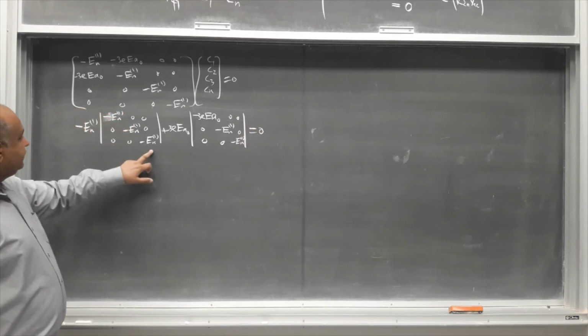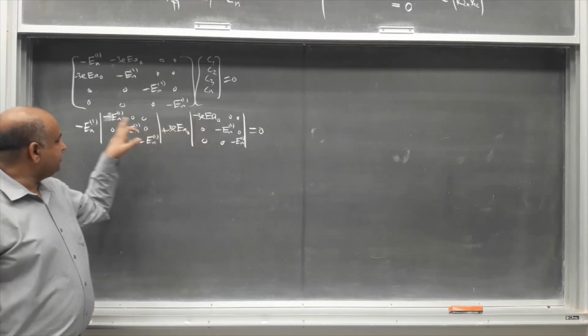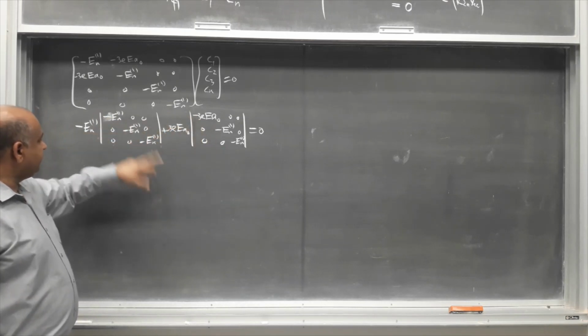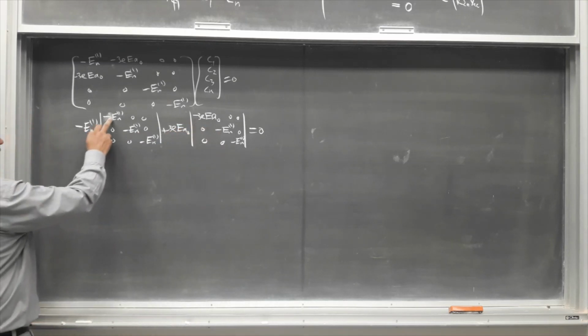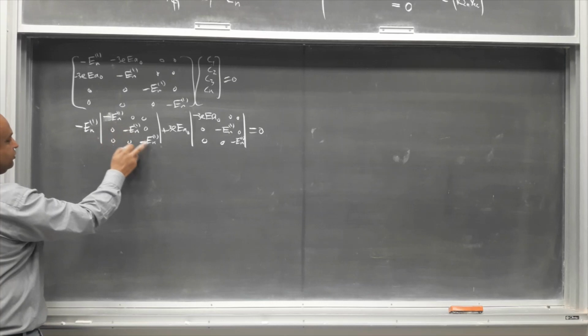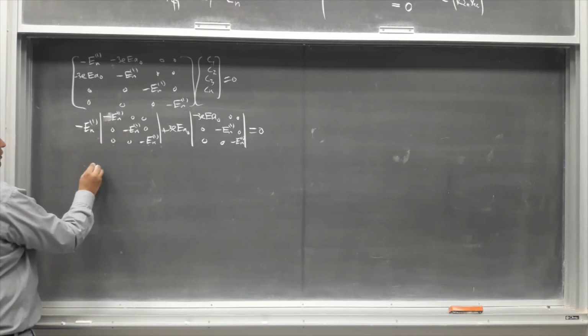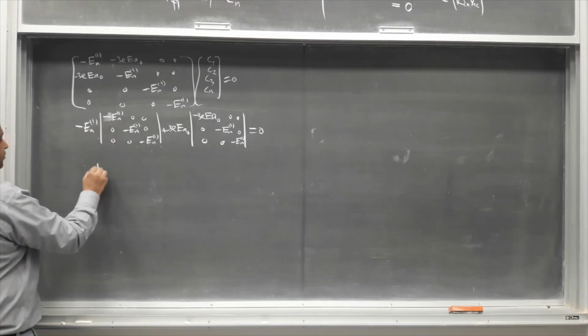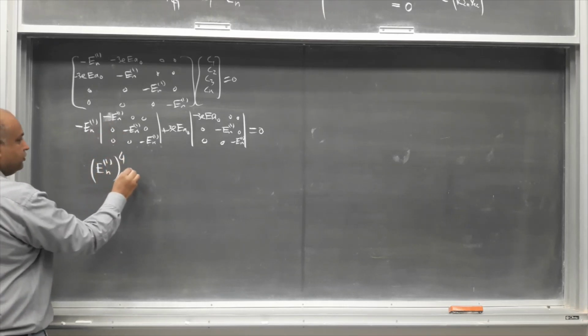Now this is a determinant of a diagonal matrix. So it's easy. Its determinant is simply this into this into this. So minus into minus into minus into minus, so this is 4 minus signs, and I get En1 power 4.